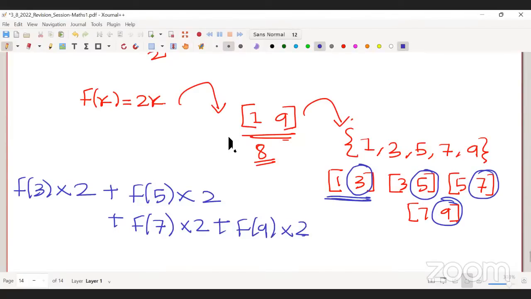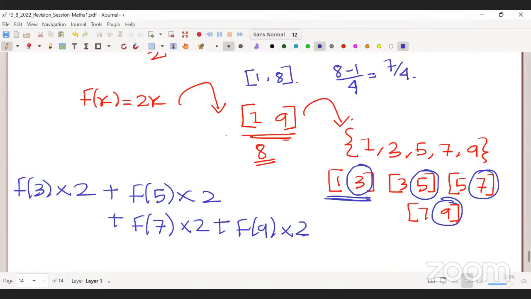Excuse me, sir. In this same question, if the interval is given as 1 to 8 and asks for 4 subintervals, we divide 7 by 4. Is it possible, sir? Yes, this is possible, but you need to do a lot of calculation. Again, what will be the length of each subinterval? 8 minus 1 by 4, which is 7 by 4.